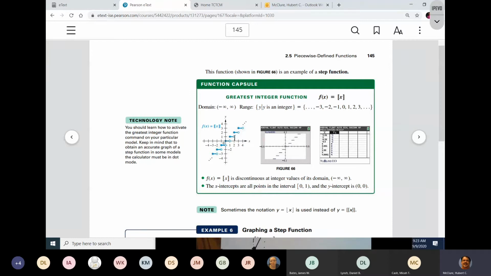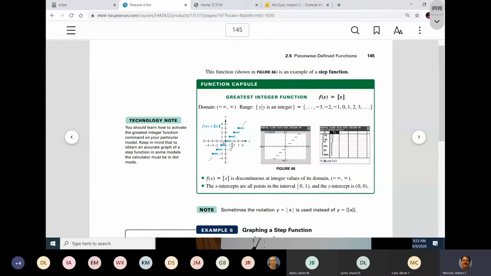So the third thing I would ask that you be able to do in 2.5 is make sure you understand how to read a piecewise function. The domain is going to be negative because this covers this. This covers this open circle. This closed circle cancels this one.